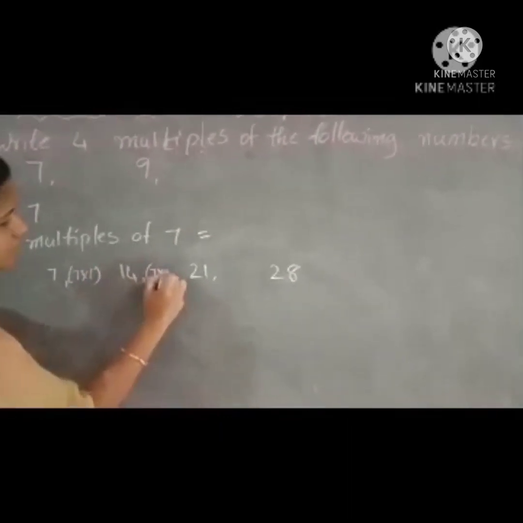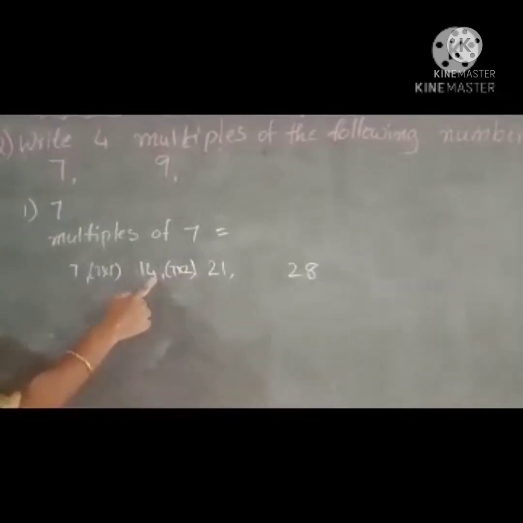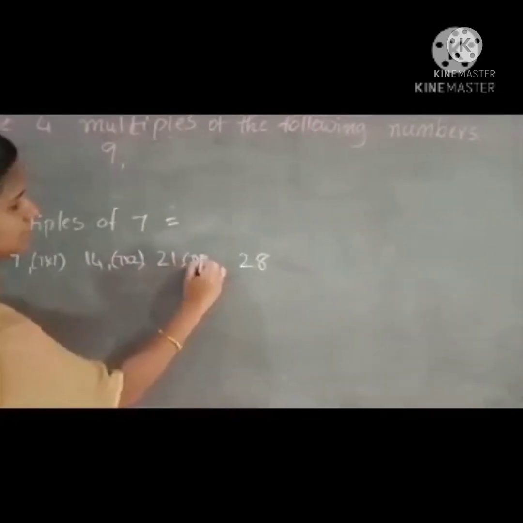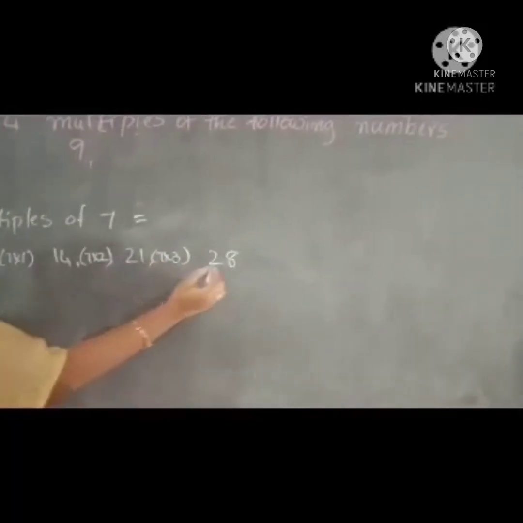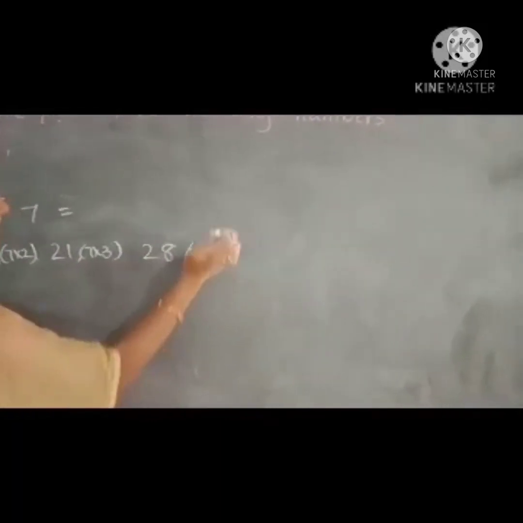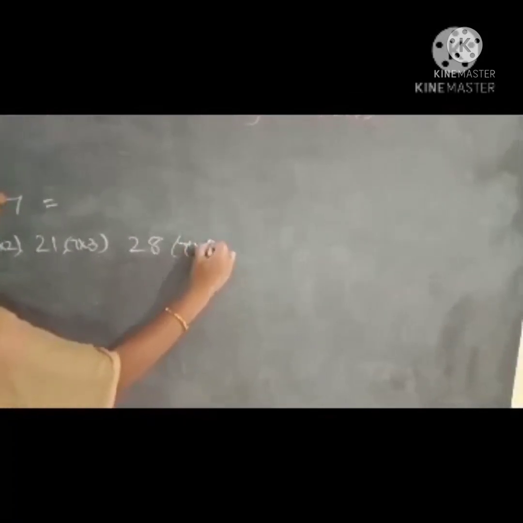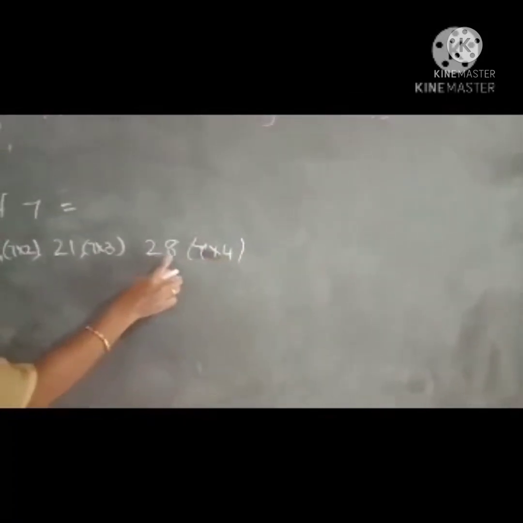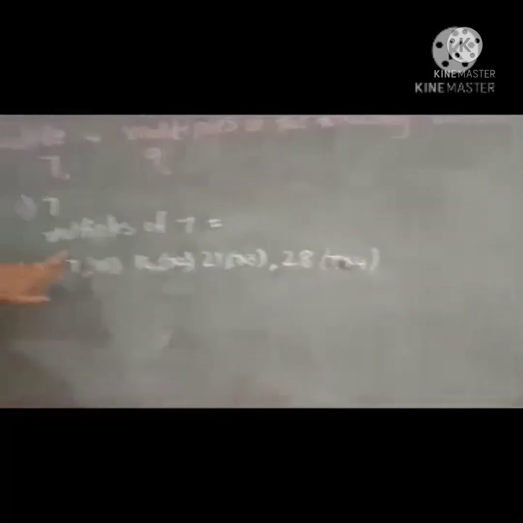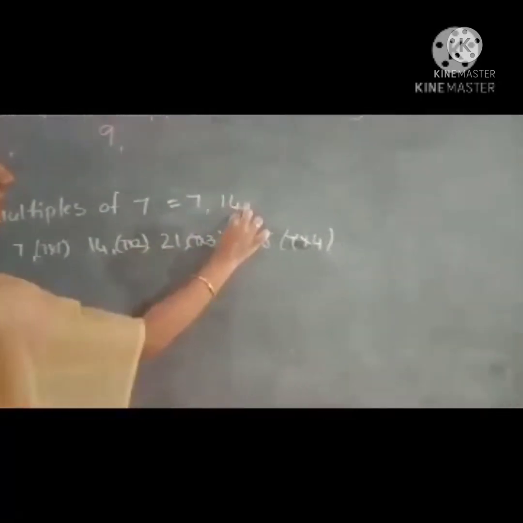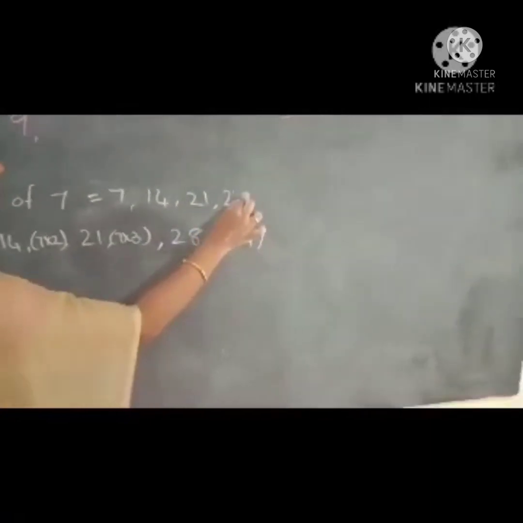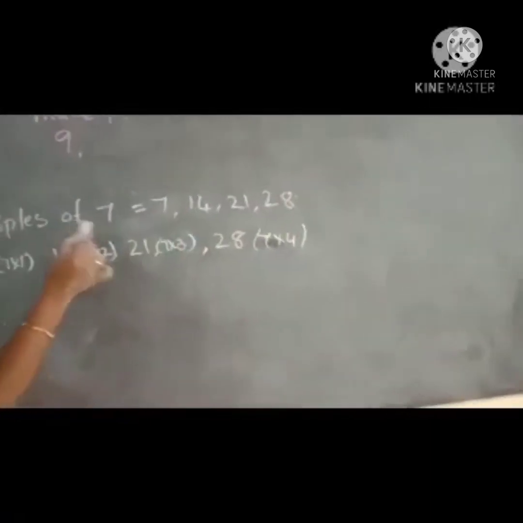Next, 7 into 2 equals to 14. 7 into 3 equals to how much? 21. Next, 7 into 4 equals to 28. What are the multiples of 7 children here? 7, 14, 21 and 28 are the multiples of 7.